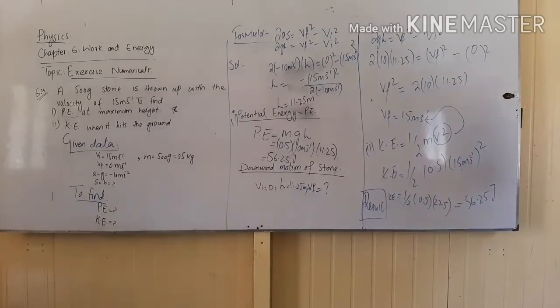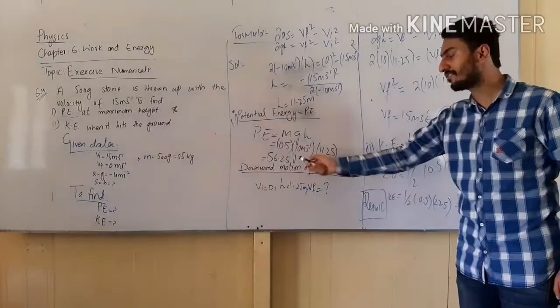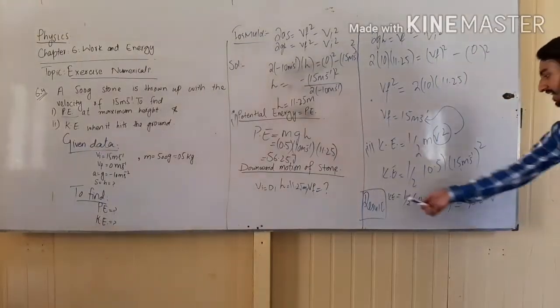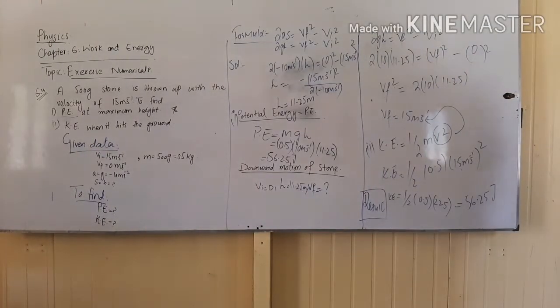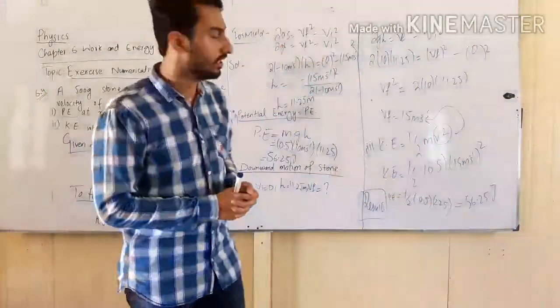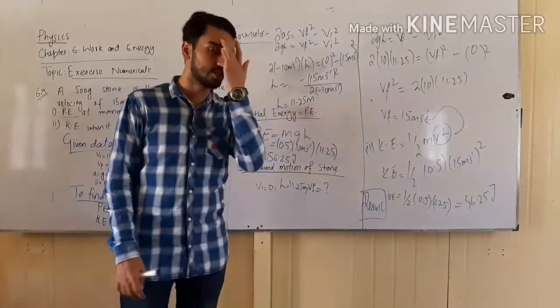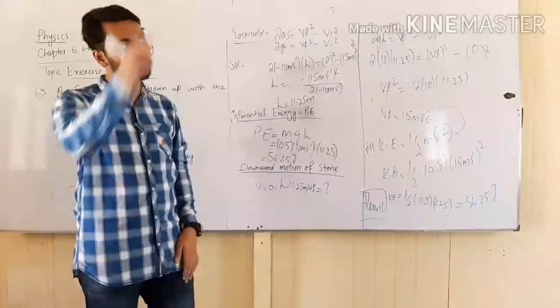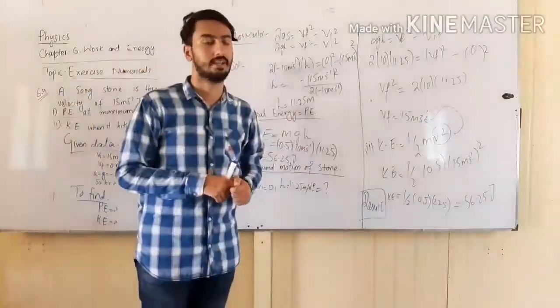As you have seen, students, our value of potential energy is 56.25 and the value of kinetic energy is also 56.25. So remember students, in a system the total energy is always the same. So potential energy and kinetic energy, both the values are same because in the whole system, energy remains always the same. Thank you so much.